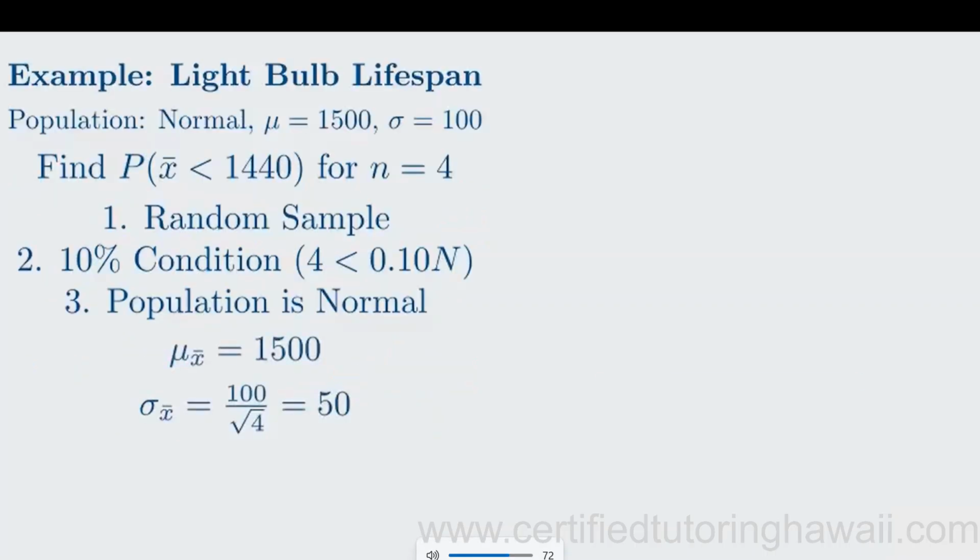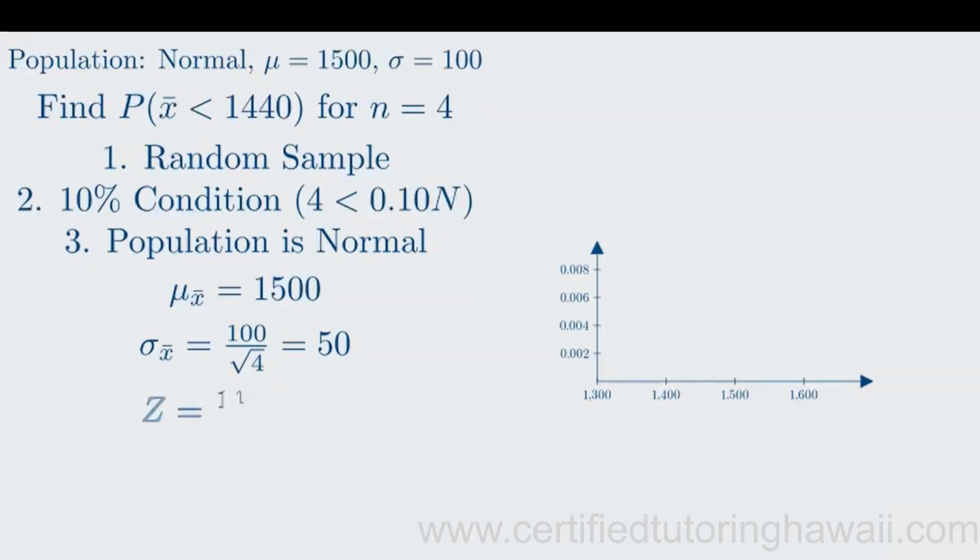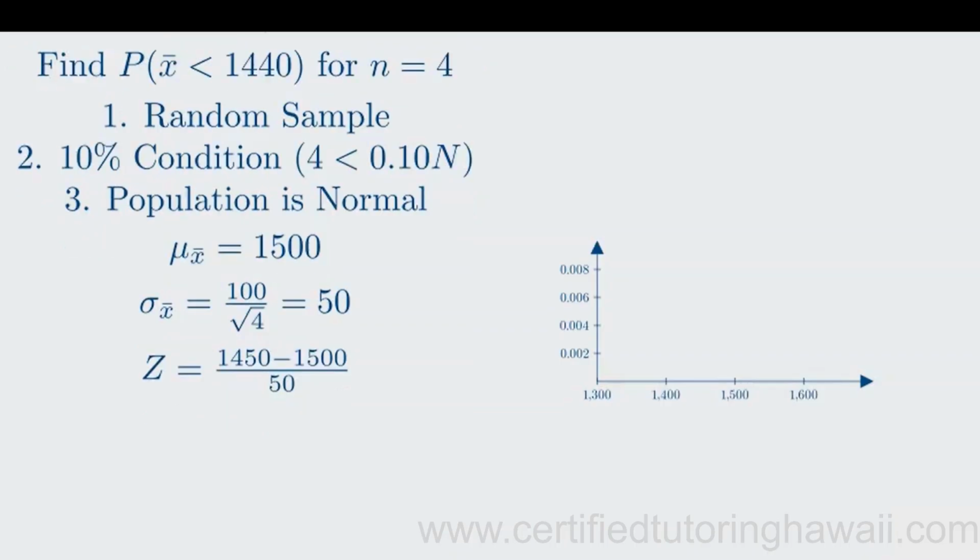Now for the calculations. The mean of the sampling distribution is 1,500. The standard deviation of the sampling distribution is 100 divided by the square root of 4, which is 50. Now find the z-score for x bar equals 1,450. We get 1,450 minus 1,500 divided by 50. This simplifies to negative 50 over 50, which is negative 1.0.